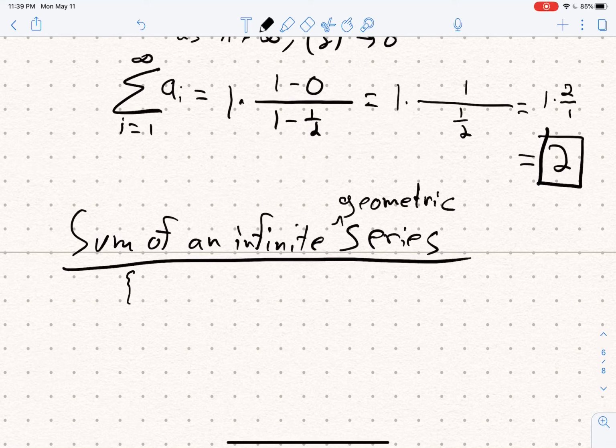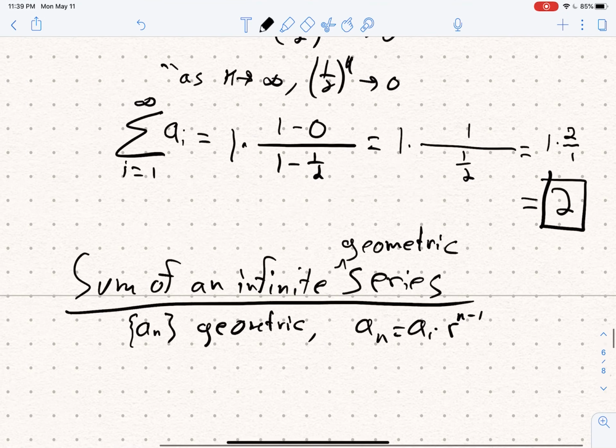So suppose that we have this a_n is geometric. So a_n, the terms are given by a_1 times r to the n minus 1. And then this is only going to work if, when you look at the terms, they keep getting smaller and smaller. That's the only way.